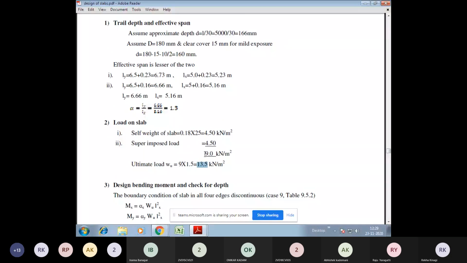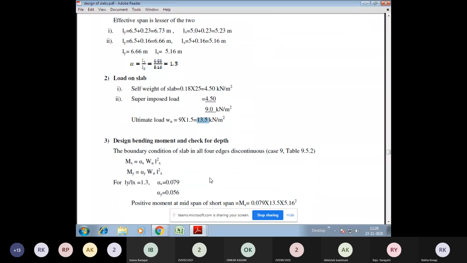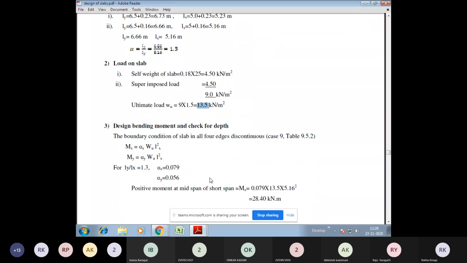But here they have not considered the floor load, so it is only 13.5 kilonewton per meter square.